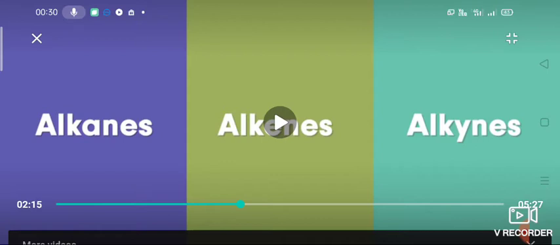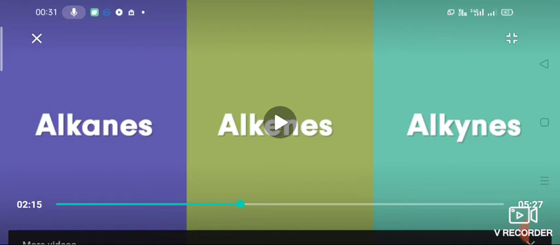If you take the example of ethane, it is a saturated hydrocarbon with 2 carbon atoms and 6 hydrogen atoms. With 2 carbon atoms, around them 6 hydrogen atoms are present. That is the name ethane.